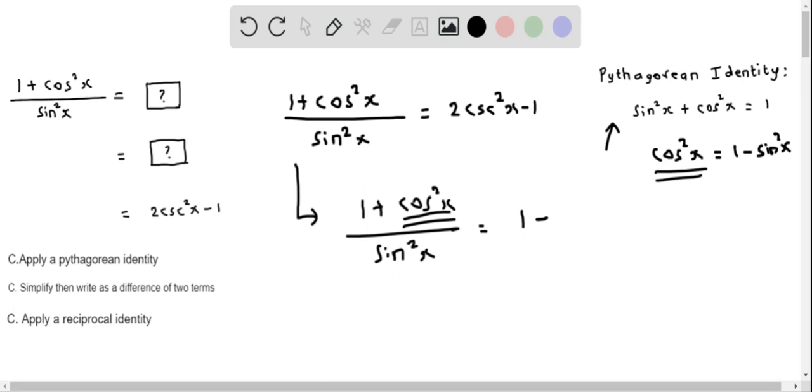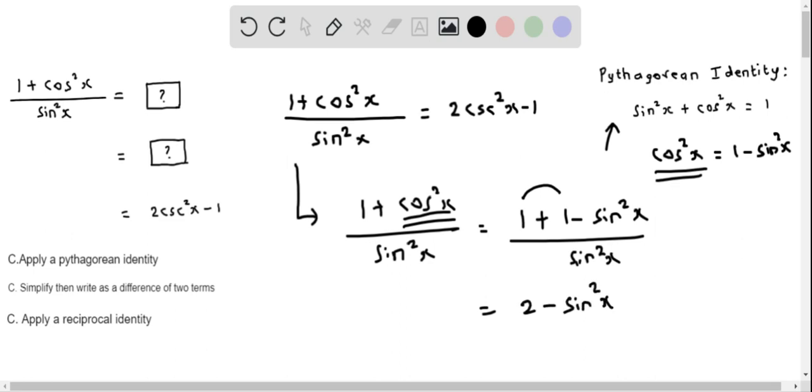So let me do that first. Therefore, I can write this as 1 minus sin squared x over sin squared x. We can simplify by adding these ones: 1 plus 1 is 2, minus sin squared x, over sin squared x.